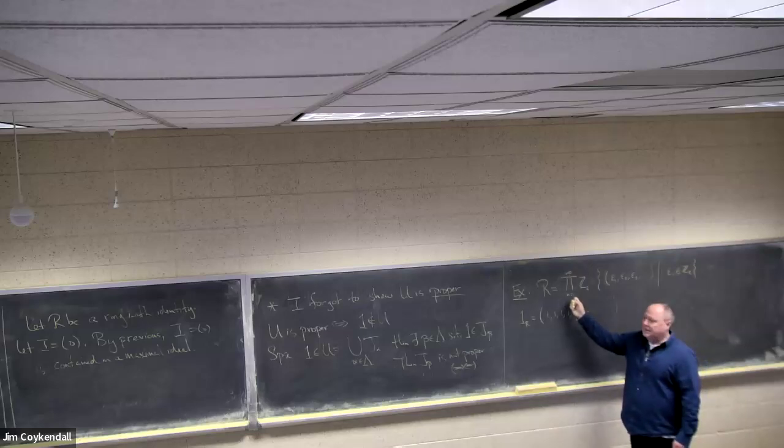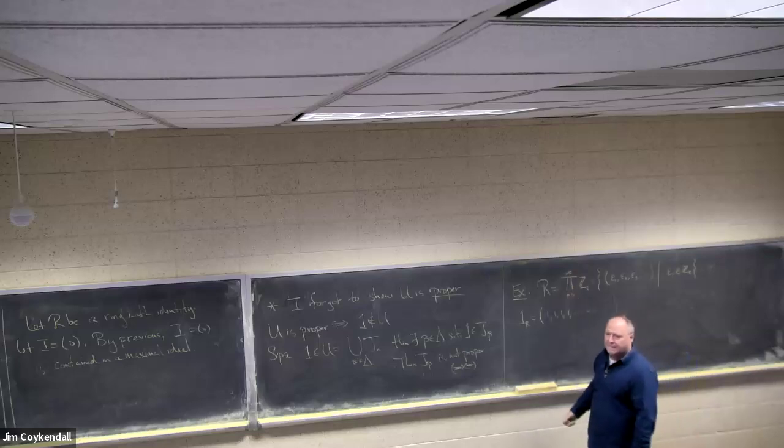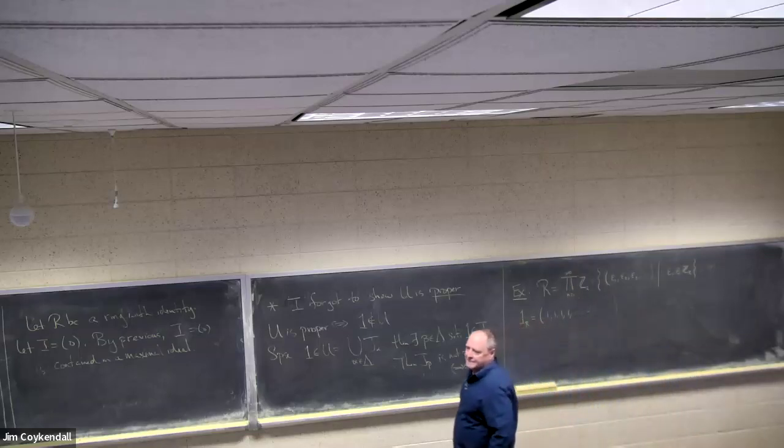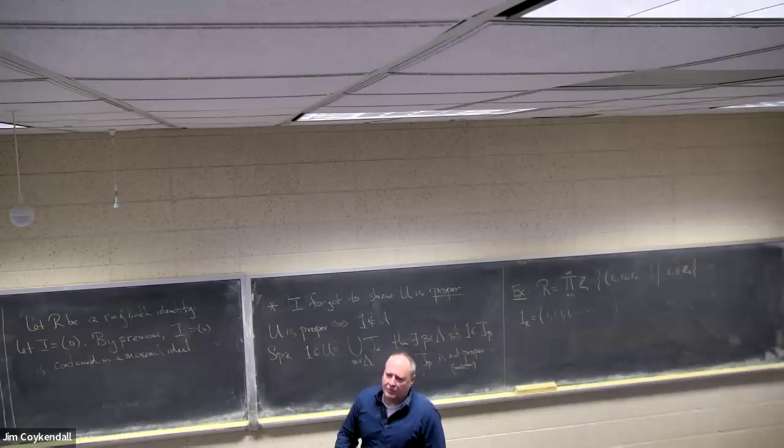Would this be a ring with identity if I change this to direct sum? Anybody remember what's the difference between the direct sum and the direct product? That's right.